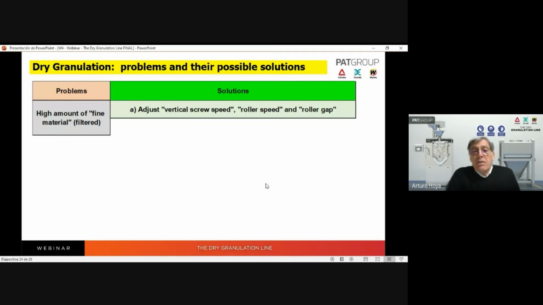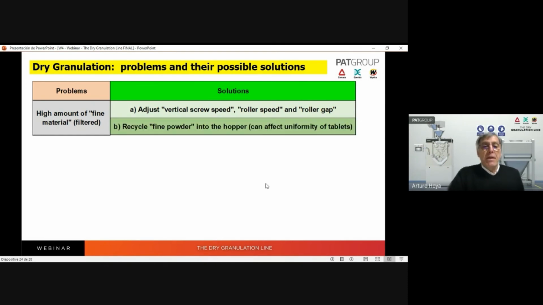These are three actions you can take if a high amount of fine material is filtered into the grinding area. The second solution is to recycle the fine powders into the hopper, but this can affect the uniform flow, of course.